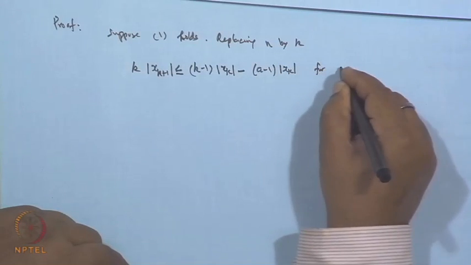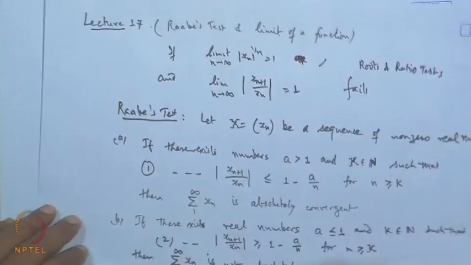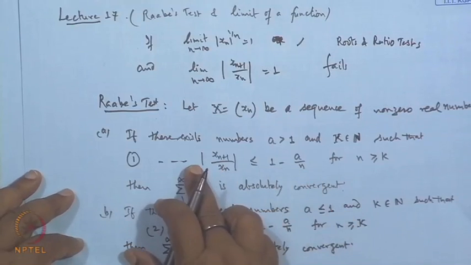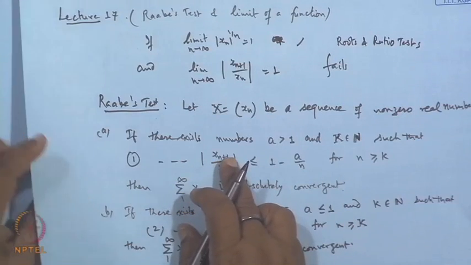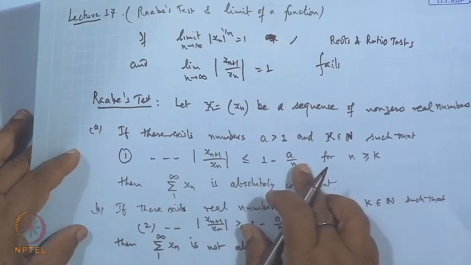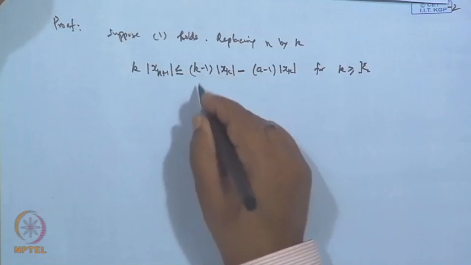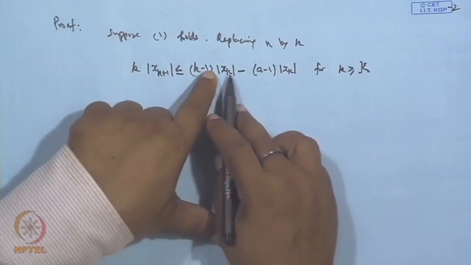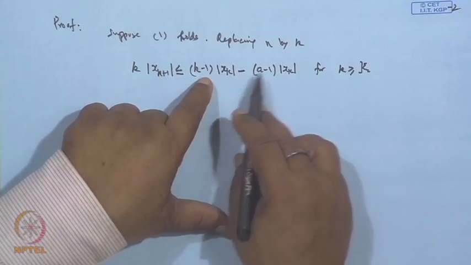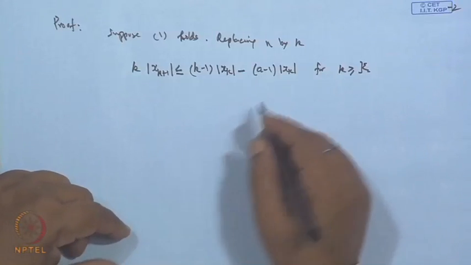This is true for all k greater than or equal to capital K. What I did is I just used small k in place of n, and multiplied by k. This can be manipulated like this: it can be written as (k minus 1)|x_k| minus (a minus 1)|x_k|, because |x_k| gets cancelled, and basically you are getting k minus a into |x_k|.